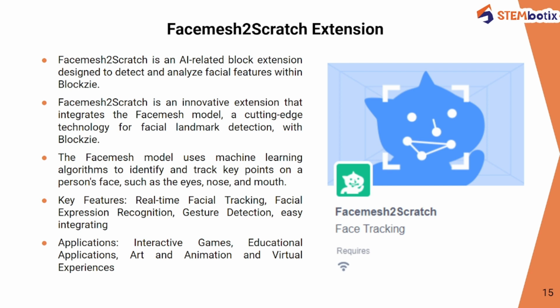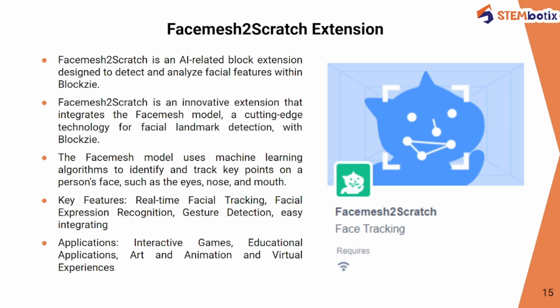Now, this model uses machine learning algorithms to identify and track key points on a person's face, that is, on your own face, such as the eyes, nose or mouth.